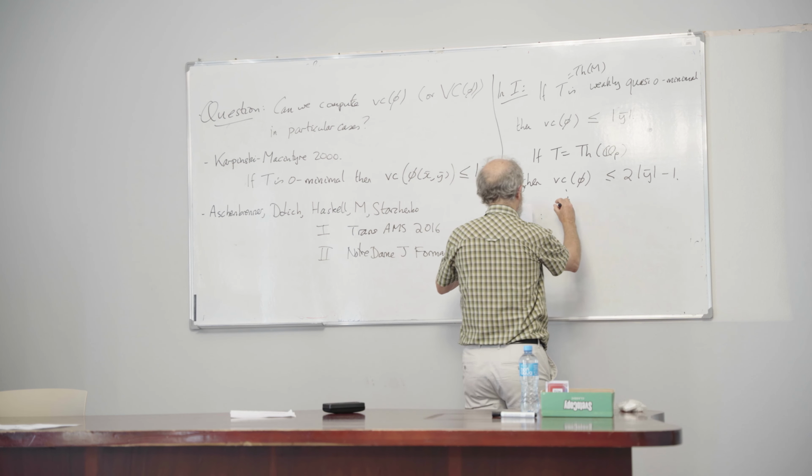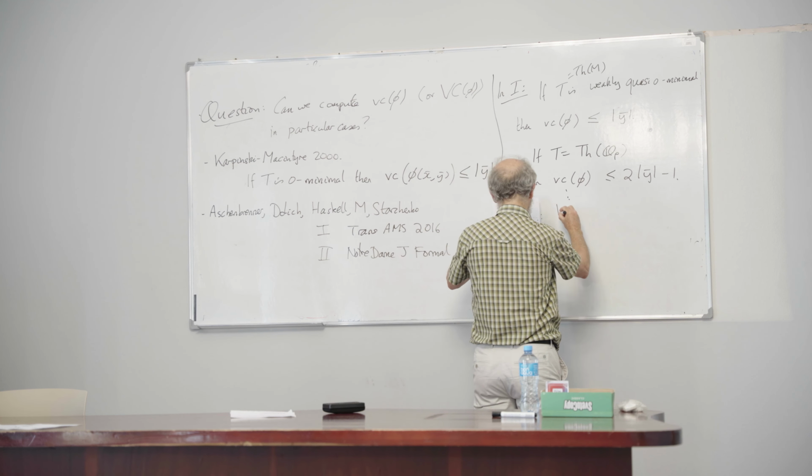So if T is NFCP of finite U rank D, then VC of phi is less than or equal to D times the length of y bar. So there's a connection to U rank.